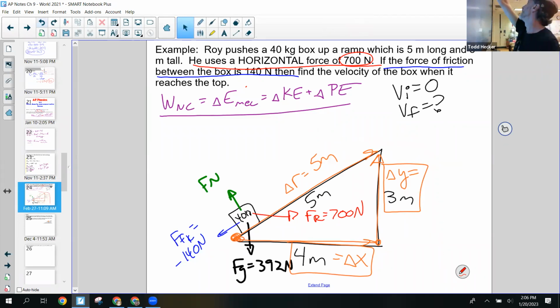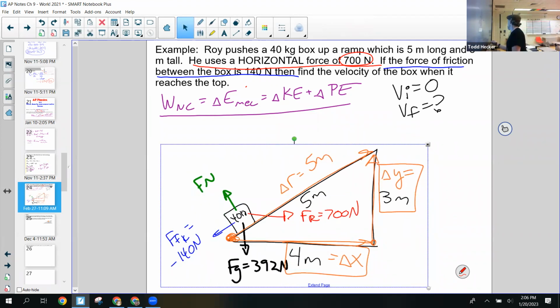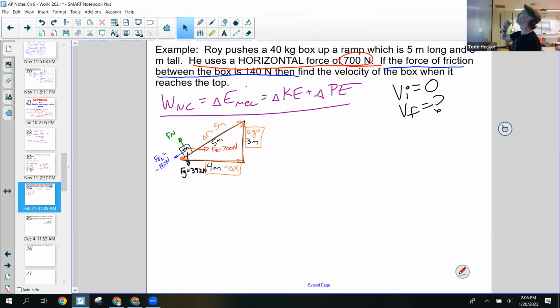Let's free up some space on the board here. So here we go.